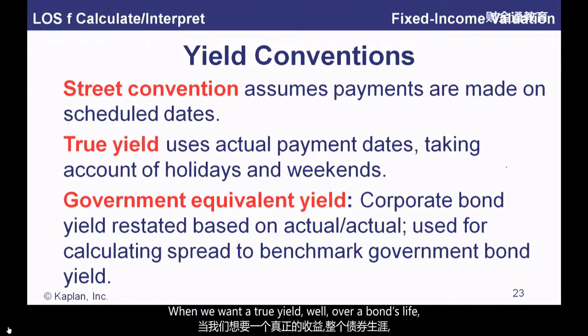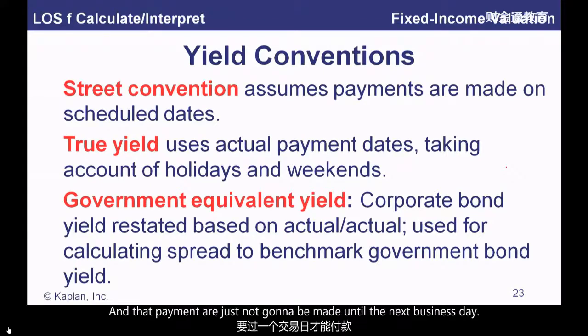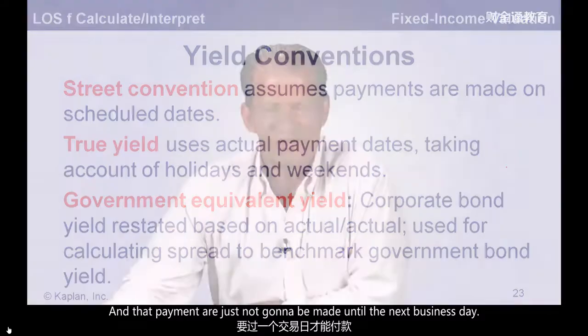When we want the true yield, well, over a bond's life, maybe certainly if it's a longer term bond, some of these coupon dates, if they pay on February 15th every year, then that's going to come on a Sunday sometimes. That's going to come on a Saturday, or a holiday when banks aren't open, and that payment is just not going to be made until the next business day.